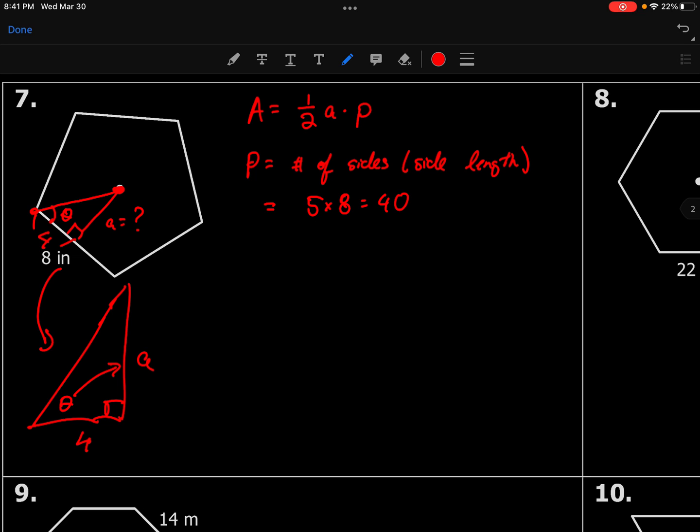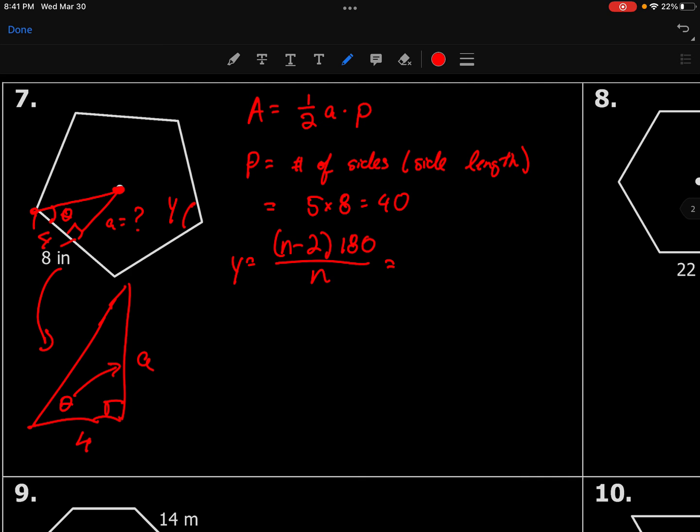Well, theta is 1/2 the measure of this interior angle. Okay, I'm going to do the math real quick. We're going to call this angle y. Angle y is equal to (n minus 2) times 180 divided by the number of sides, and (n minus 2) times 180 will give you the sum of all the angles.